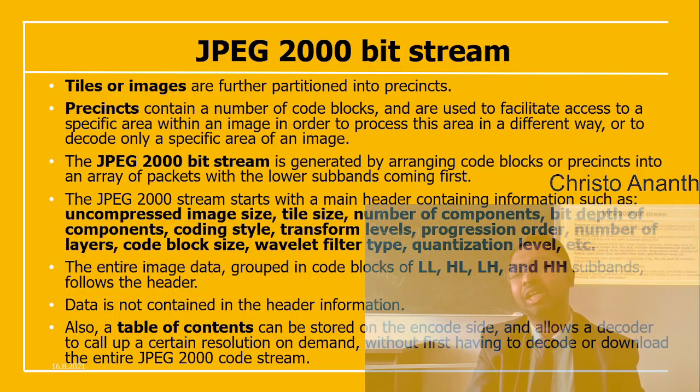Also like image data, it is grouped into code blocks, LL, HL, LH, HH subbands following the header. Data is not contained in the header information. Also, a table of contents is stored on the encode side, which allows the decoder to call up a certain resolution on demand without first having to decode or download the entire JPEG 2000 code stream.